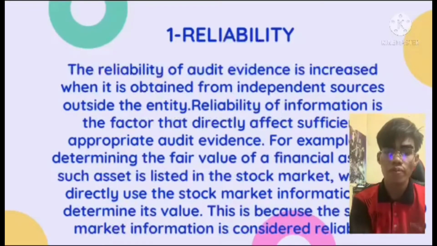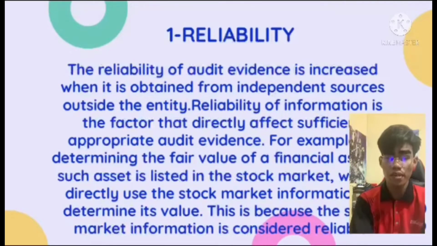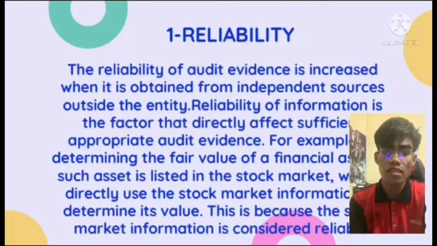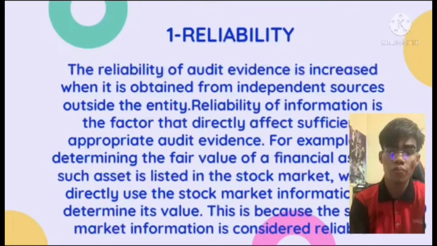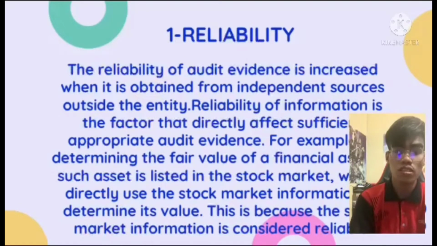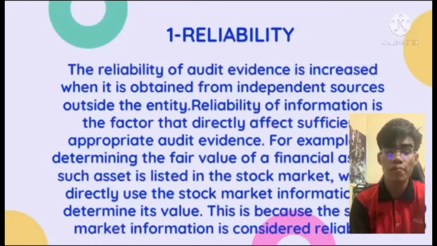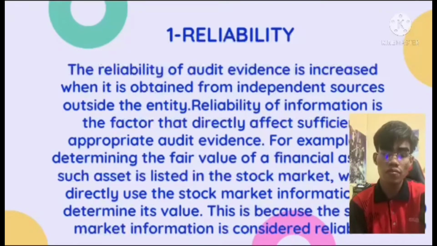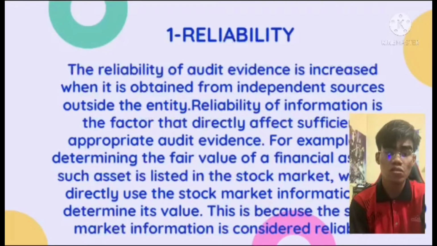Reliability of information is the factor that directly affects sufficient appropriate audit evidence. For example, in determining the fair value of a financial asset, if it is listed in the stock market, we can directly use the stock market information to determine its value. This is because the market information is considered reliable.